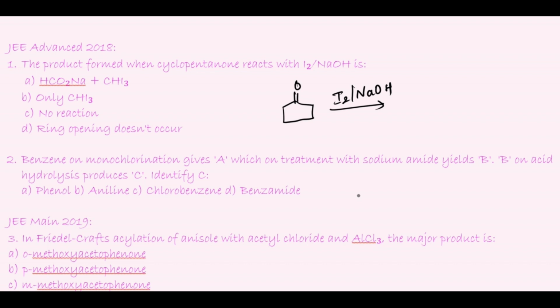If I would have a methyl group, that would undergo the haloform reaction, right? So here I am not having any free alpha methyl group. So what will happen? It will undergo oxidative cleavage over here. So ring opening will happen, and then that will give you the products CHI3 and HCOONa.